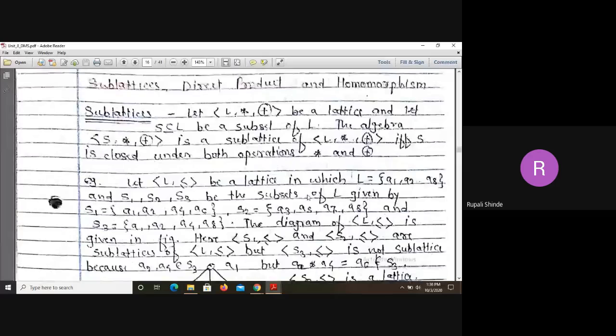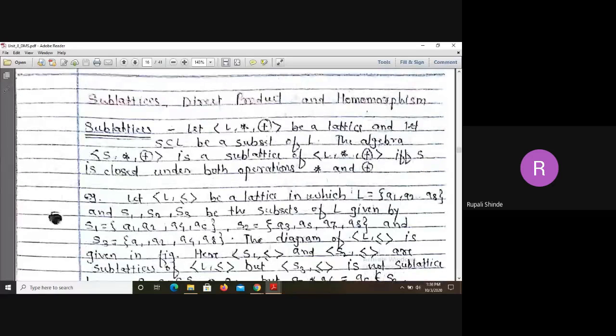Okay. So now we have to see the next point, and that is sublattices, direct product and homomorphism. From algebraic systems onwards we have seen what is a subsystem of a given system, like monoid, submonoid, semigroup, subsemigroup. Likewise, now we have to define a sublattice.